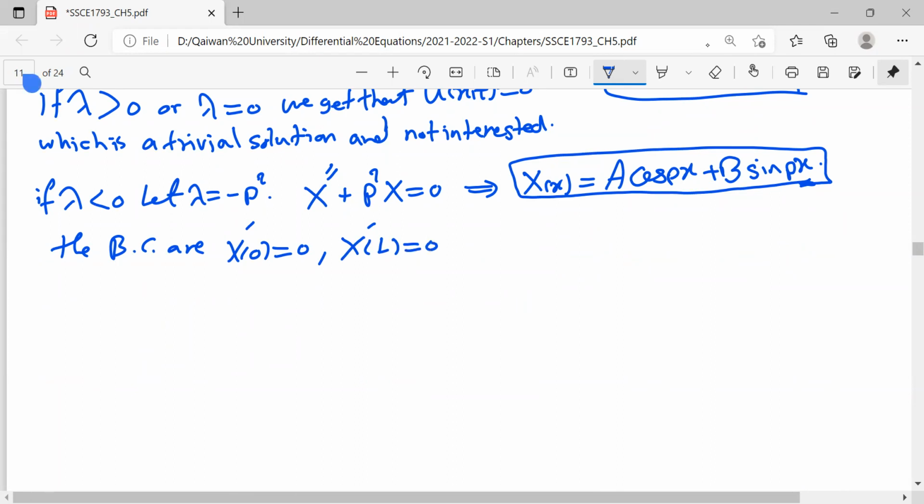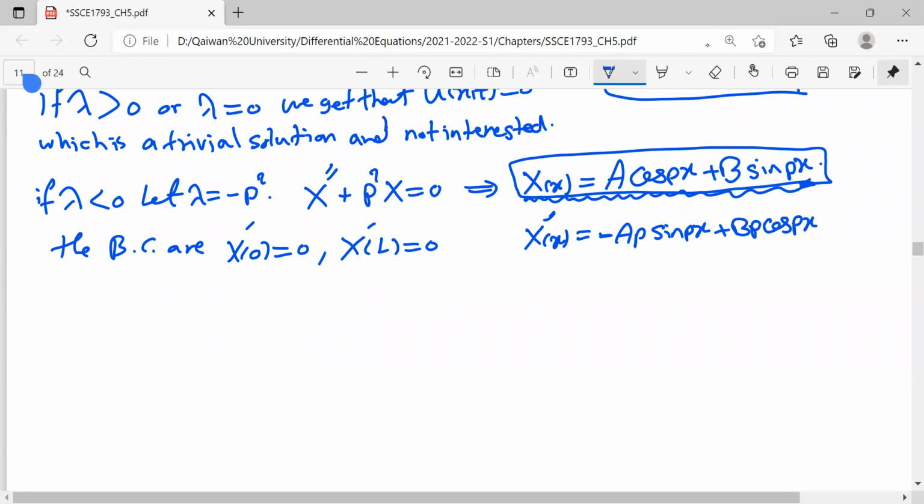So here we have the boundary conditions for X prime, but here we have X. So from this, we should find X prime. Let's find it. X prime of x equals, the derivative of cosine is negative sine, we get minus a p sine px plus b p cosine px.